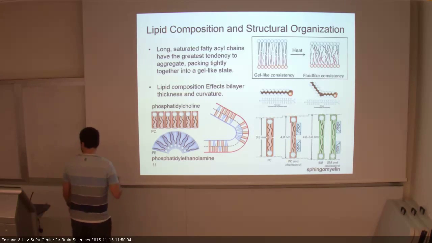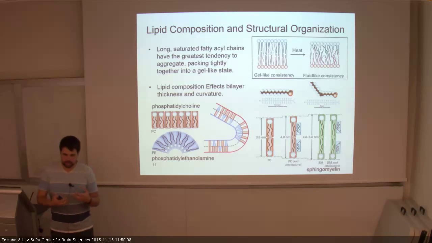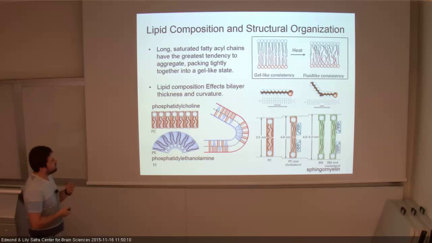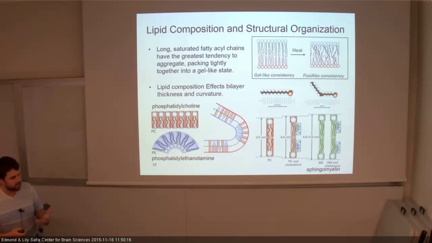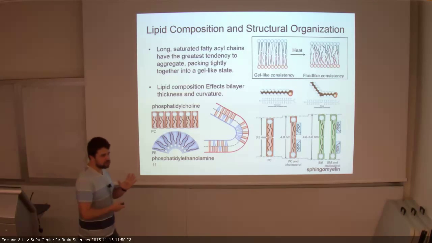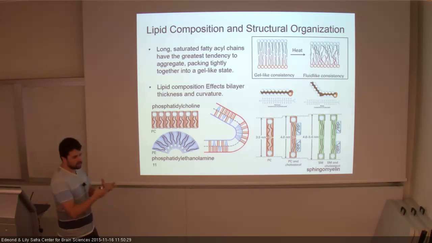But in general, it's important to understand that cholesterol has this buffering effect on the membrane. Imagine that you have a membrane that is too fluid, and now you want to make it more rigid. If you add cholesterol here, then the cholesterol will form these interactions that will stabilize this structure. But let's say you have a membrane that is too rigid and you want to make it more fluid.